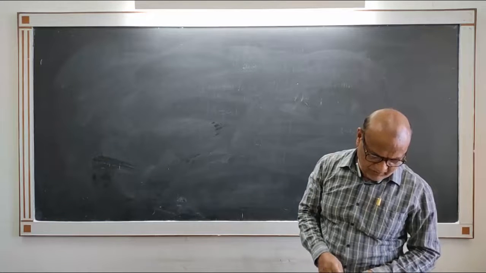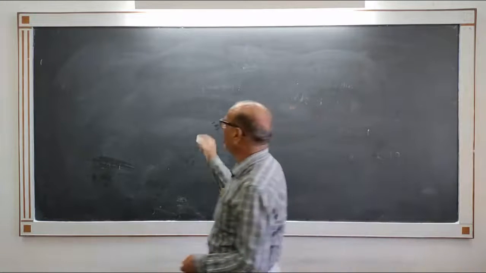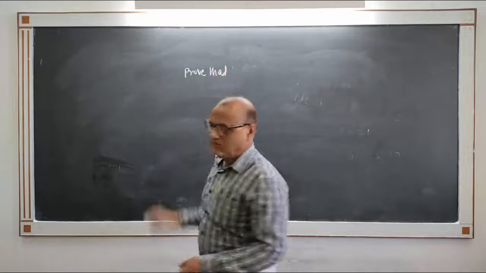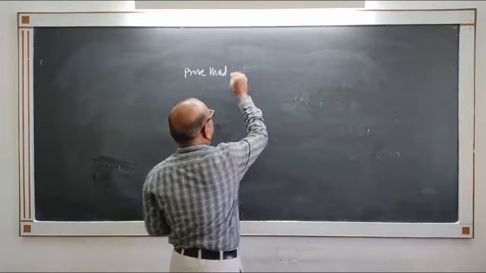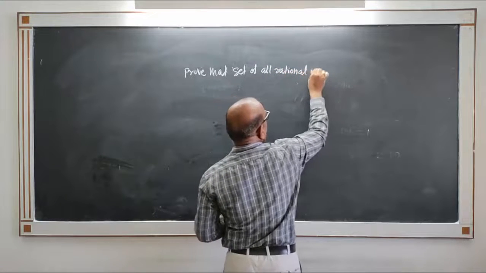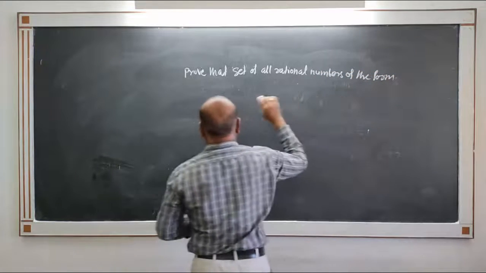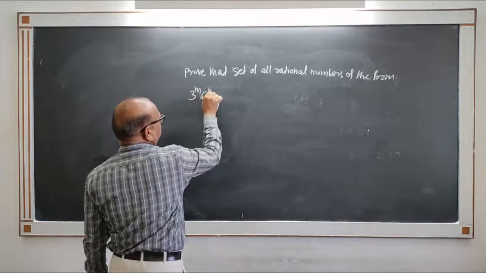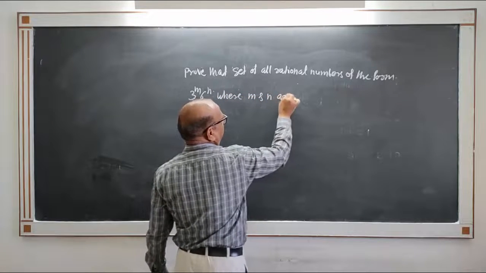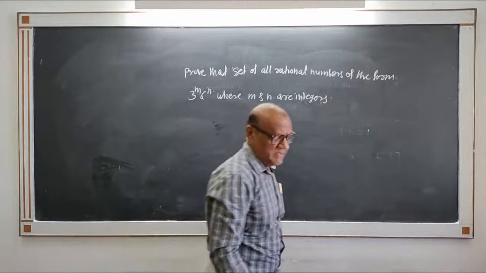Now another example. Prove that the set of all rational numbers of the form 3 raised to m, 6 raised to n, where m and n are integers, is a group under multiplication.